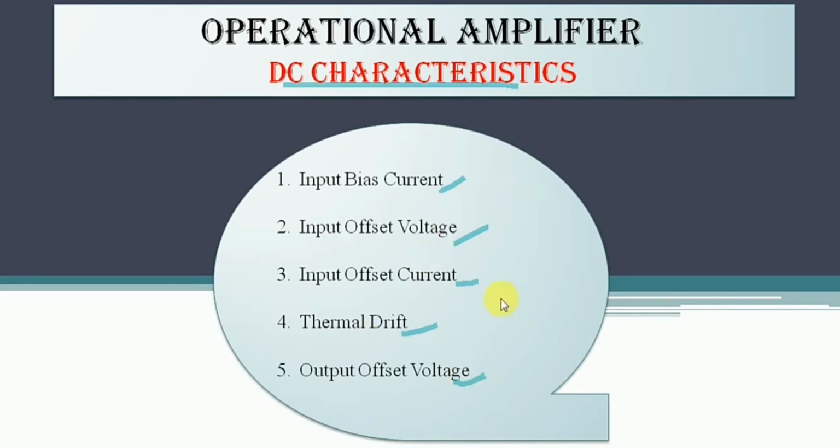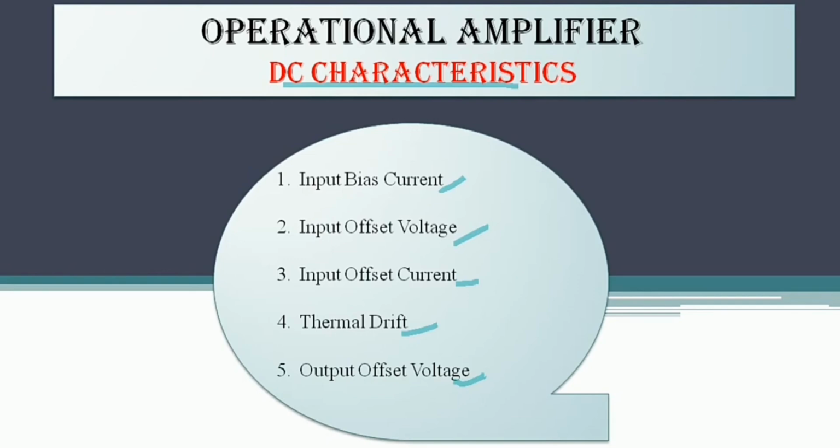These are the 5 parameters that will affect the output voltage of an operational amplifier even if the input signals are 0. Now, what are the effects, how will we overcome them, and what are the compensation techniques used to obtain 0 output voltage even if the input signals are not present.